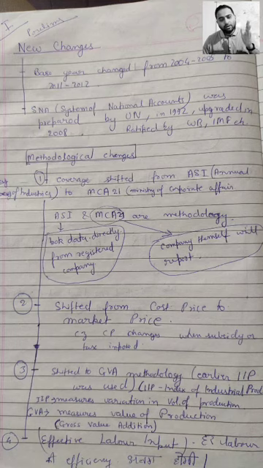IIP, index of industrial production, what does it measure? It measures the variation in volume of production, but GVA measures the value of production. Okay. And the fourth change is effective labor input. That we understand, the input or efficiency of every labor is different. Okay.